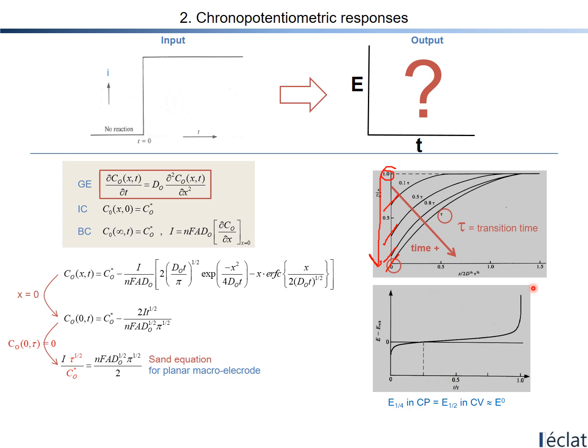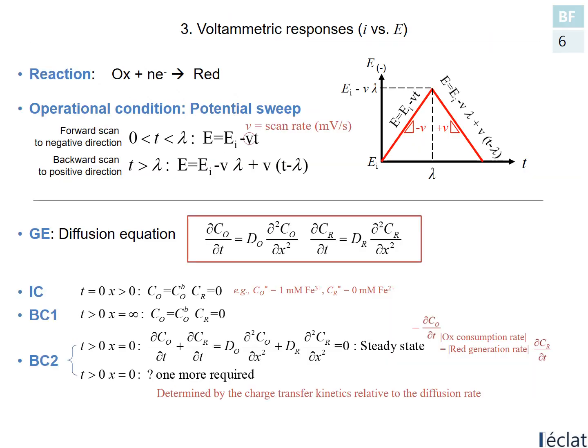Please think about the concentration profiles. That is the most important thing, which should be compared with the chronoamperometric cases. You have solved the diffusion problems for obtaining the equations for chronoamperometry and chronopotentiometry. What you derived is the Cottrell equation and Sand equation.